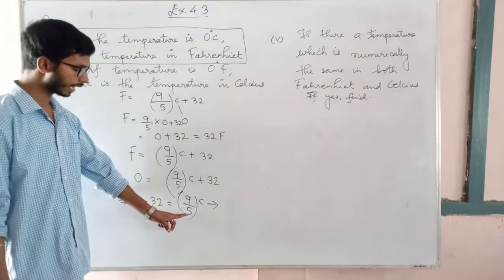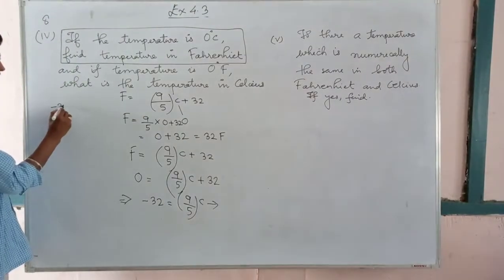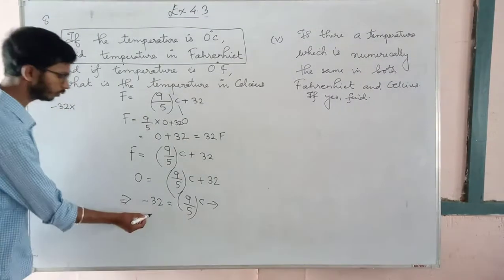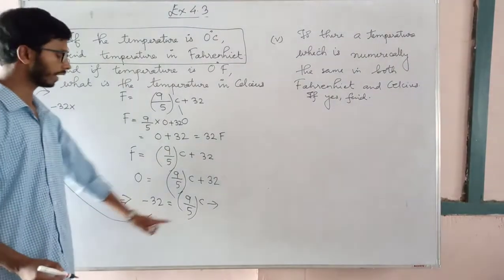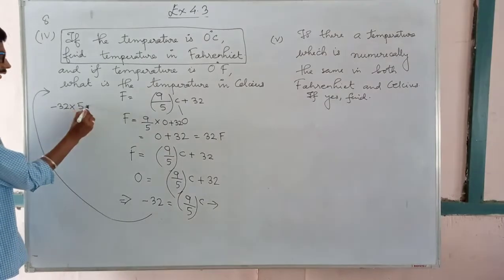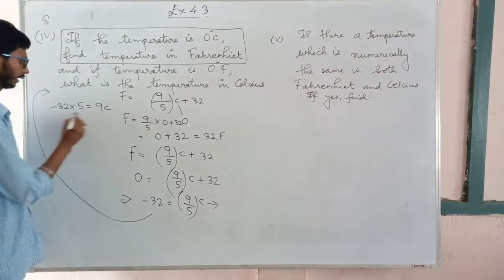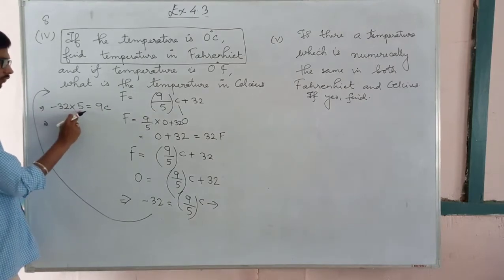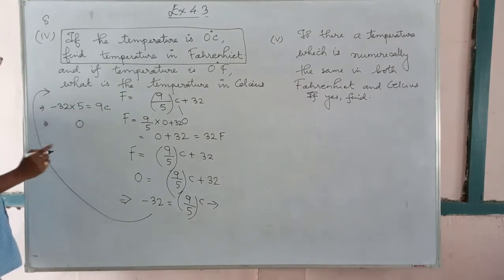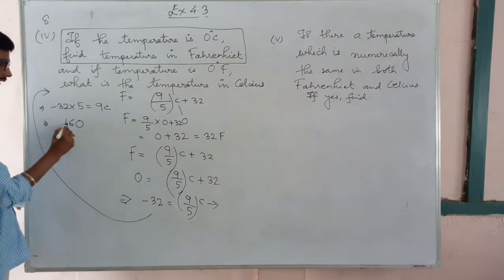So this 5 we can multiply with this minus 32. So minus 32 into 5 is equal to 9 into C. So let us multiply. 2 fives are 10, carry 1. 3 into 5 is 15, plus 1 will give you 16.